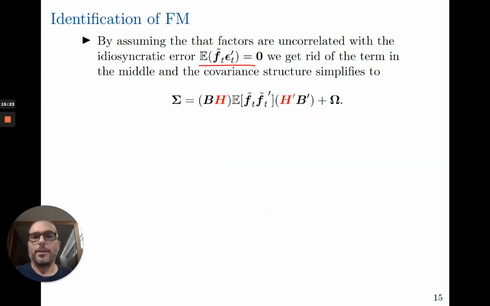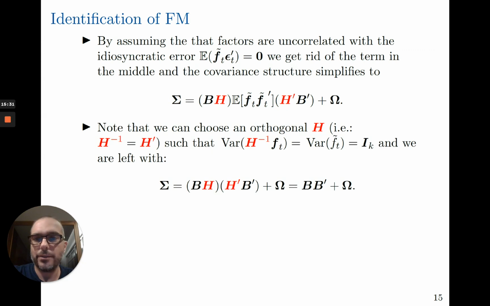So then the covariance structure will simplify to that expression that you see on the slide, okay? So that we can choose an orthogonal H, such that the variance of H inverse F will be identity. Okay? So then we have sigma given by B B transpose plus omega.